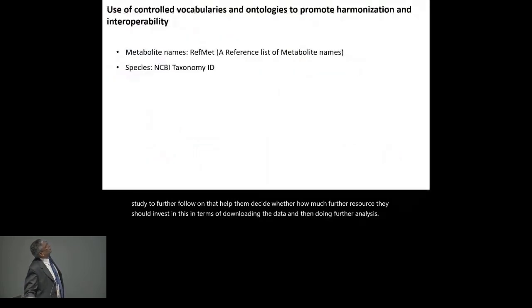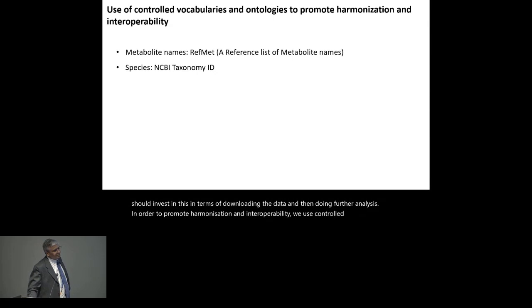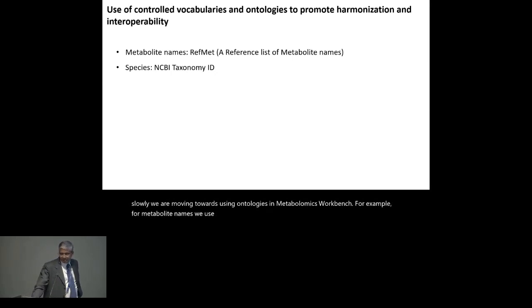In order to promote harmonization and interoperability, we use controlled vocabularies, and slowly we are moving towards using ontologies in Metabolomics Workbench. For example, for metabolite names, we use the RefMet nomenclature, which provides a unified way for the metabolite names.